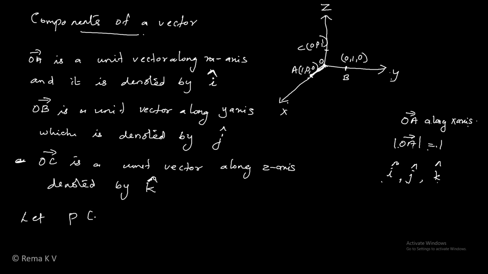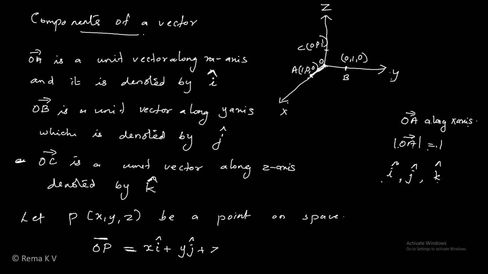Let P(x, y, z) be a point. Then the position vector of P, denoted by OP, is given by xi plus yj plus zk.